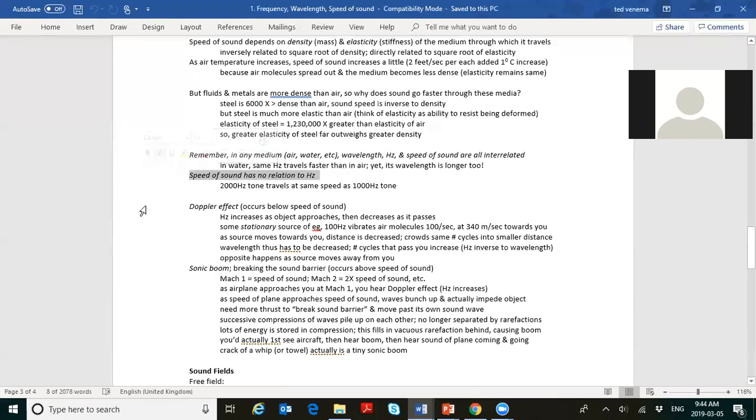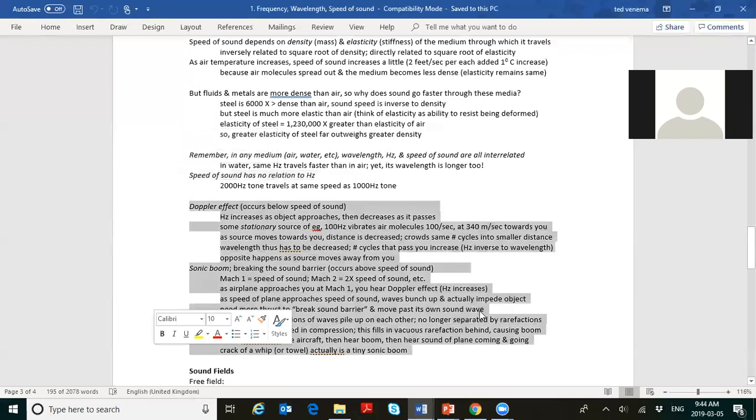Doppler effect and sonic boom will not be asked on your midterm. Those are just interesting things to know regarding the speed of sound. The Doppler effect happens below the speed of sound, and a sonic boom occurs above the speed of sound. Just have that out of interest.